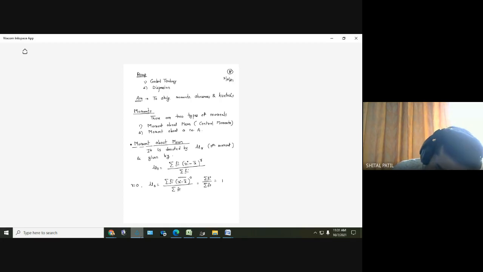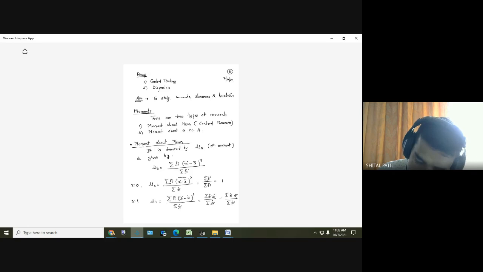Next, r equal to 1. Mu 1 is summation of fi (xi minus x bar) raised to 1, divided by summation of fi. So summation of fi xi divided by summation of fi, minus summation of fi x bar divided by summation of fi.